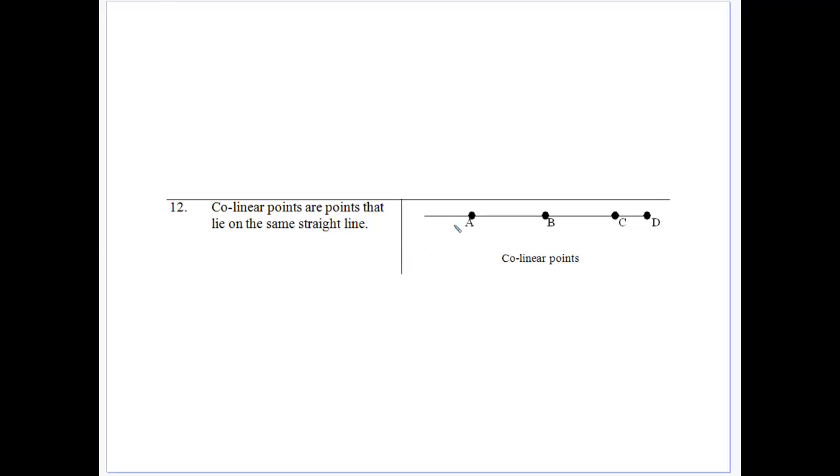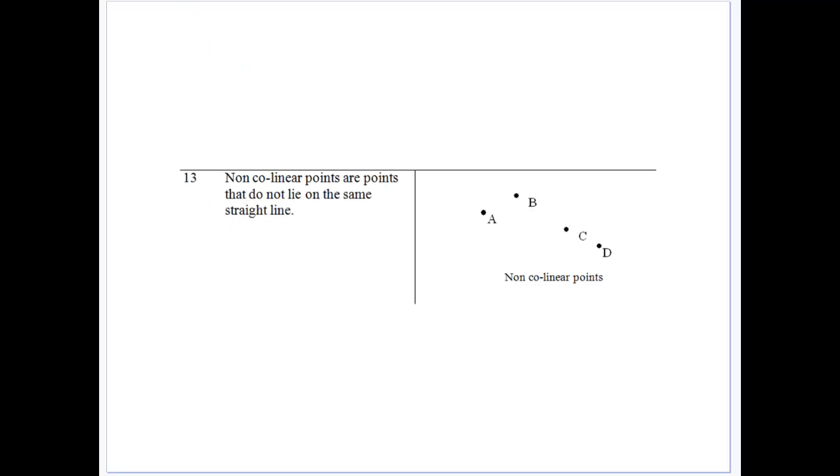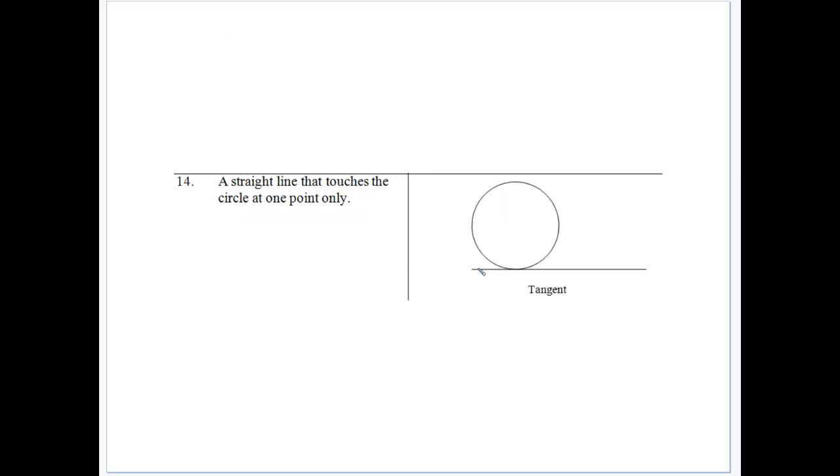Collinear points, points that lie on the same line. So co, together, linear, line. Non-collinear points, obviously, don't lie on the same line. A straight line that touches a circle at a point. Well, not only a circle, but touches any curve at one point only is what we call a tangent. Not to be mistaken with the tangent ratio, but it's a tangent to the curve.